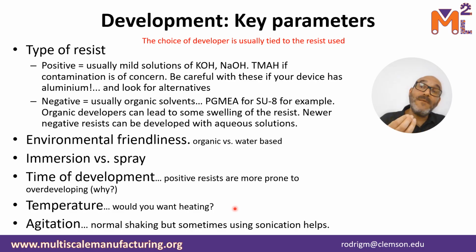And sometimes you might even want to incorporate sonication when you need to develop very intricate geometries, where the gaps are very small, because sonication can refresh the developer in those very small areas.